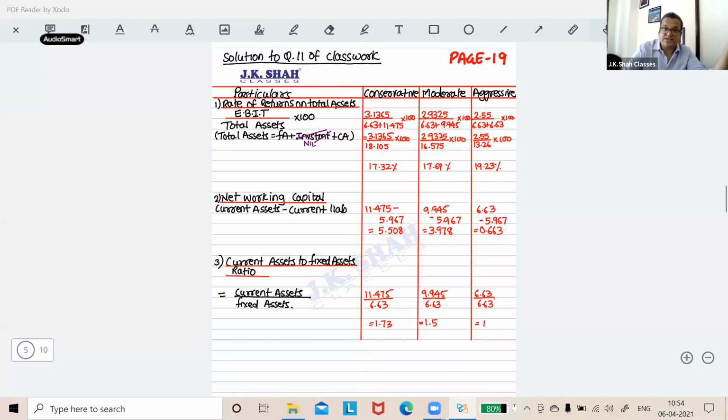Now conservative is one extreme end. Aggressive is another extreme end. So let's write about aggressive now.